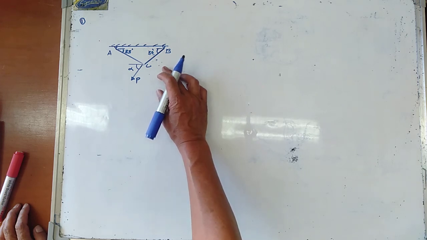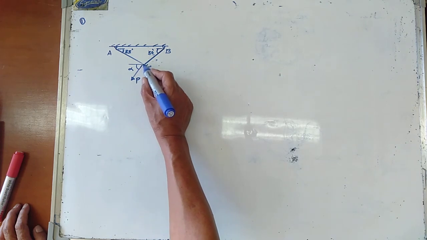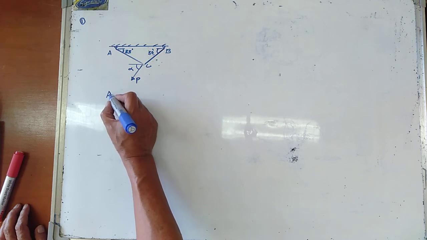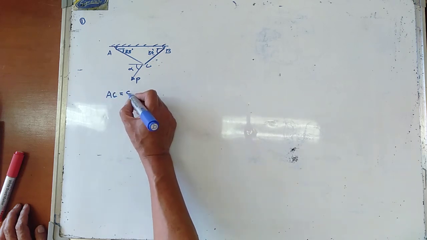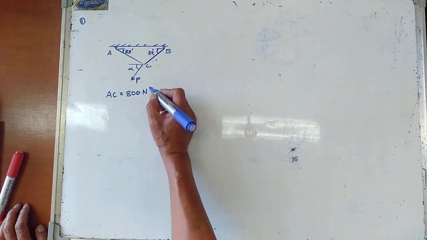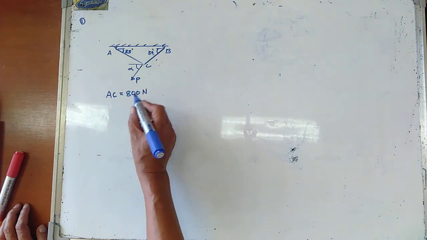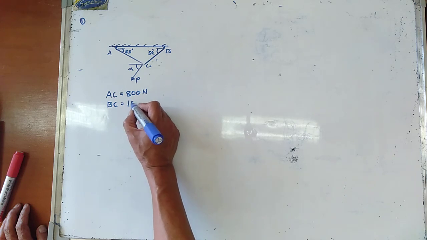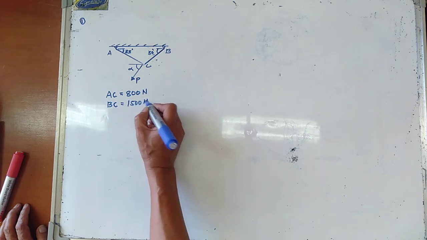They are tied together at point C as shown. Knowing that the maximum allowable tension is 800 newtons in cable AC, so in cable AC it is 800 newtons, and 1,500 newtons in cable BC.